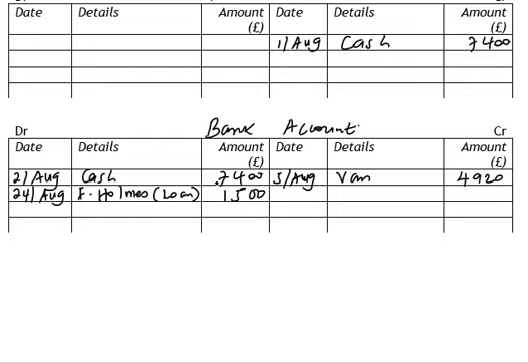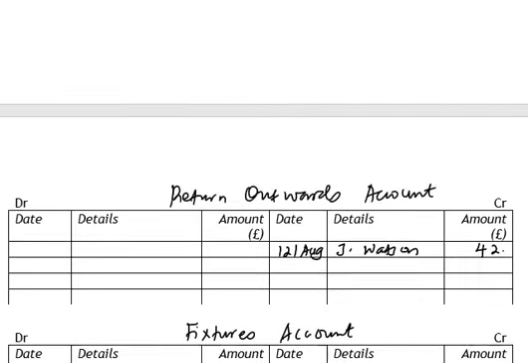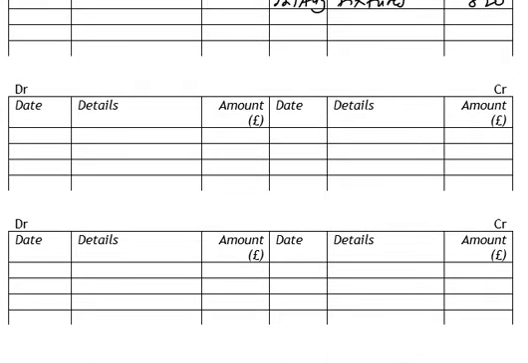But of course, due to the duality concept, that for every transaction there will be two entries, I have to create the loan account or F Holmes account. This is a liability account, a loan.